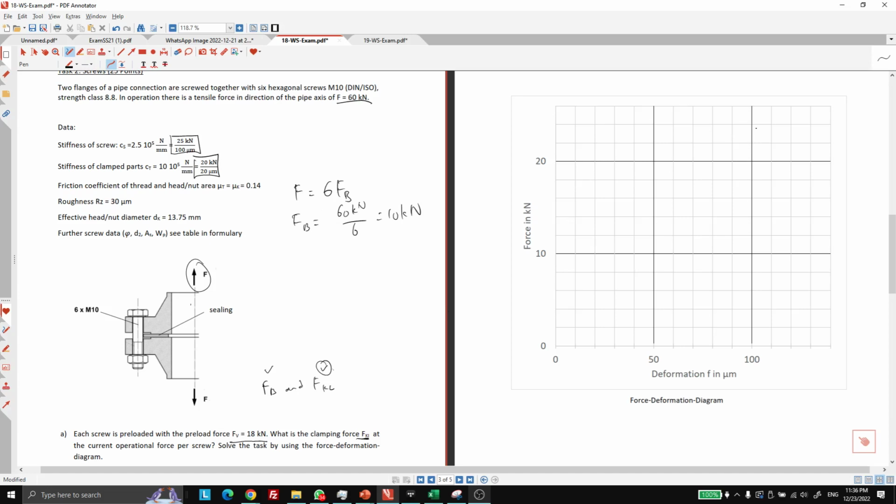So 25 kilonewtons at every 100. This is the line for CS. I will use solid. Like that. And we have 20 kilonewtons at 20 micrometers, so I will use green.